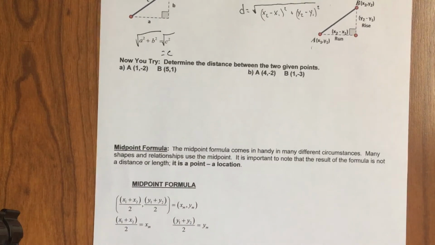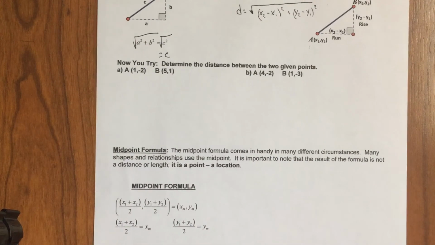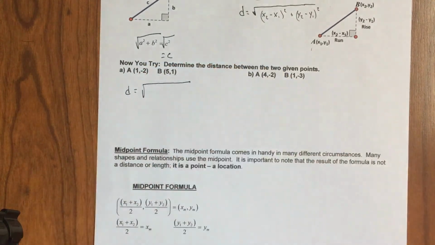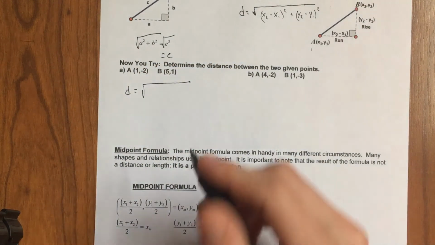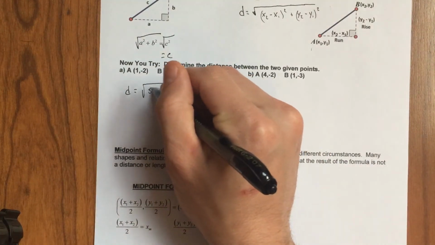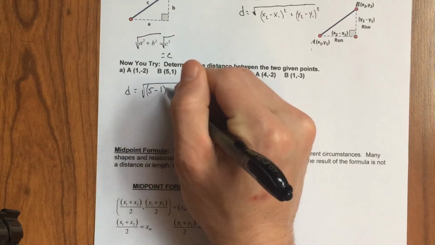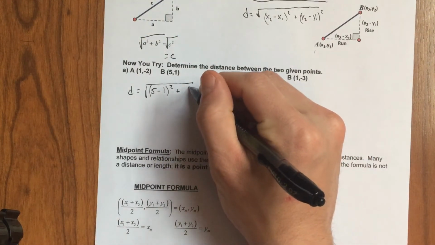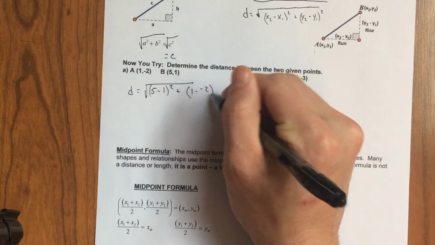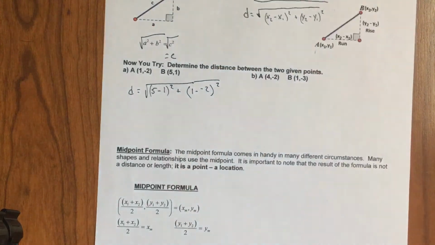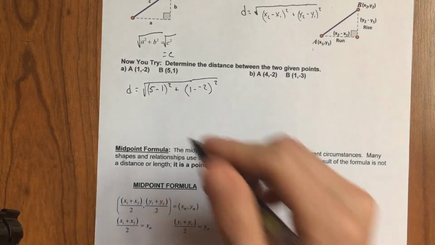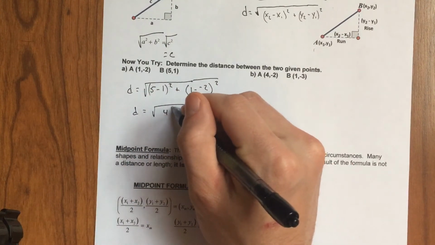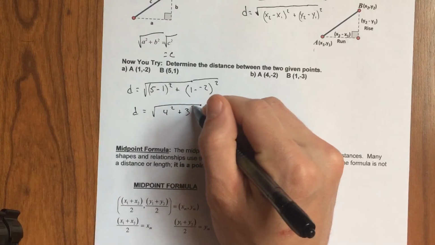So if I want to figure out the distance between 2 points, we're going to set up the distance formula. We're going to do x2 minus x1 squared plus y2 minus y1 squared. Simplifying from here, we get d equals the square root of 4 squared plus 3 squared.